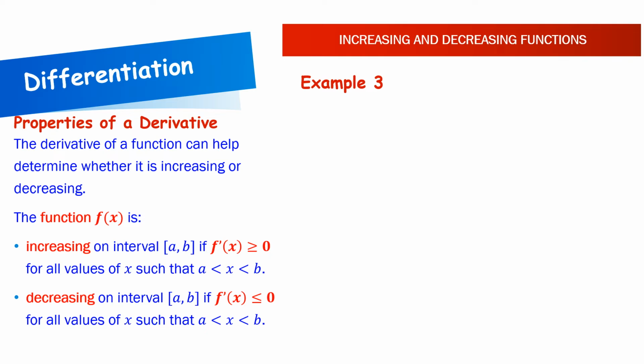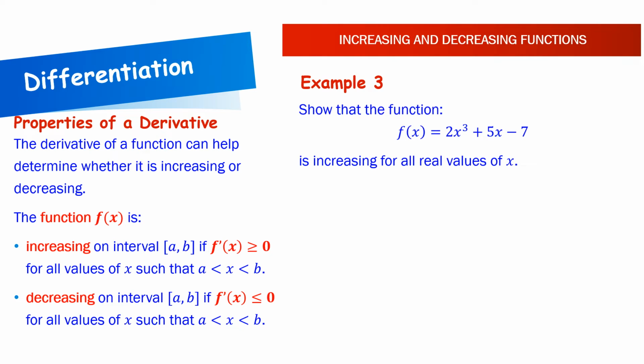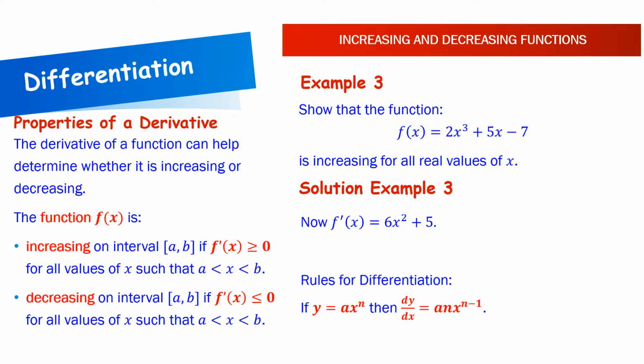Let's now take a look at another example. Show that the function f of x equals 2x cubed plus 5x minus 7 is increasing for all real values of x. So let's solve this. Now f dash of x equals 6x squared plus 5.